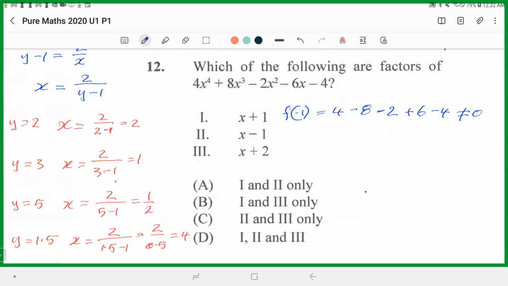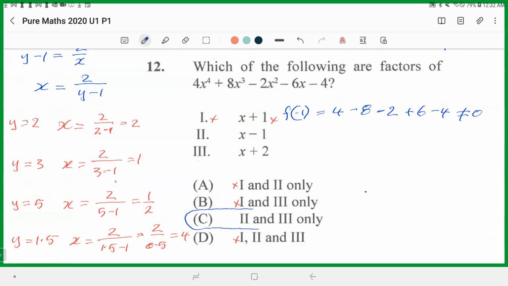So check the following factors. This is not a factor. 1 is not a factor. So the answer must be the second. We don't go any further.